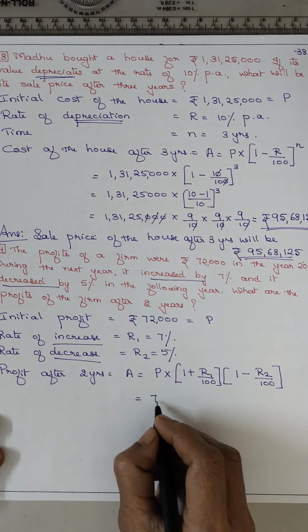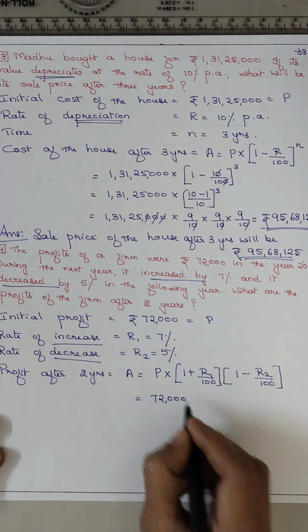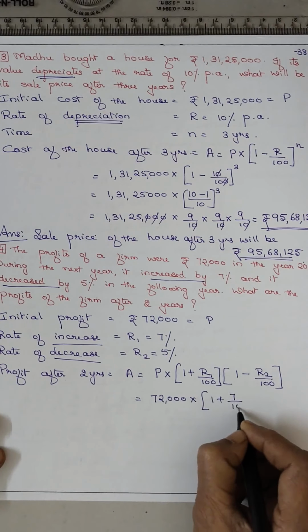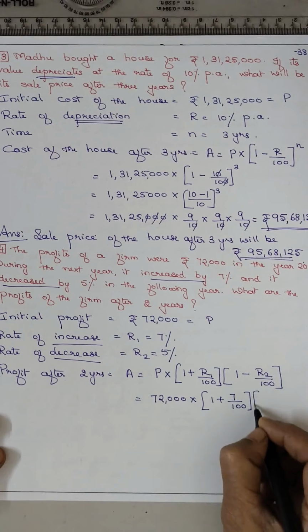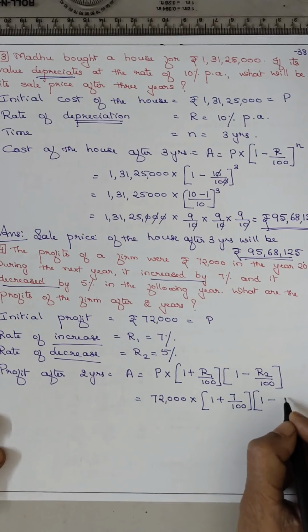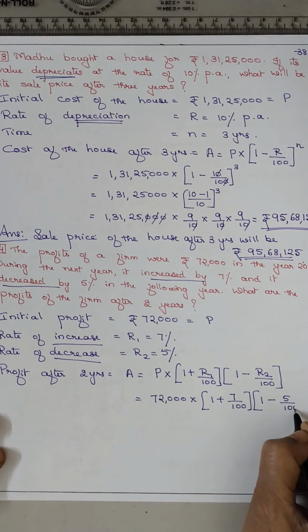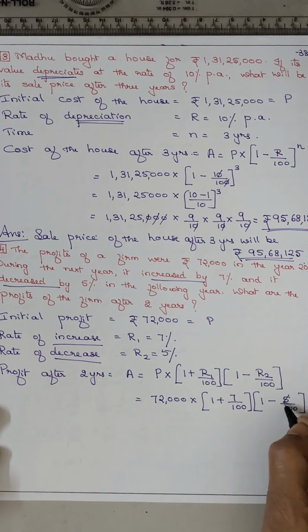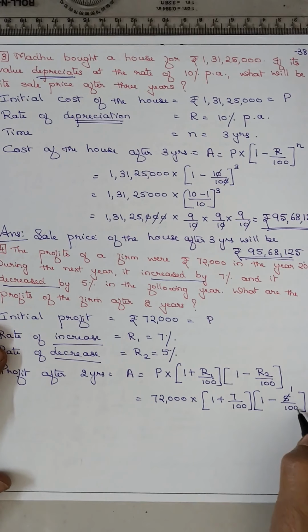That is 72,000 into 1 plus 7 upon 100, and in the second year 1 minus 5 upon 100. 7 and 100 can't cancel, so 5 ones are 5, 5 20s are 100.